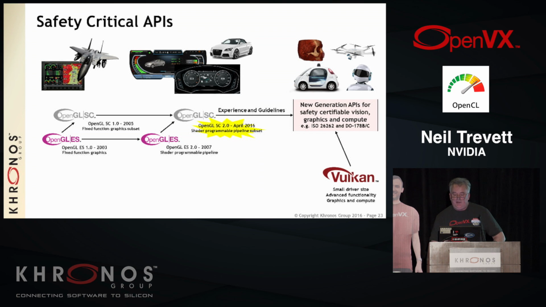I think some of the APIs that we've talked about are going to need to have safety critical versions, potentially like Vulkan. Vulkan is actually interesting for the safety critical community because it's a small driver size, and OpenVX, because vision is in the safety critical chain. So safety critical versions of OpenVX are being discussed inside Khronos right now.